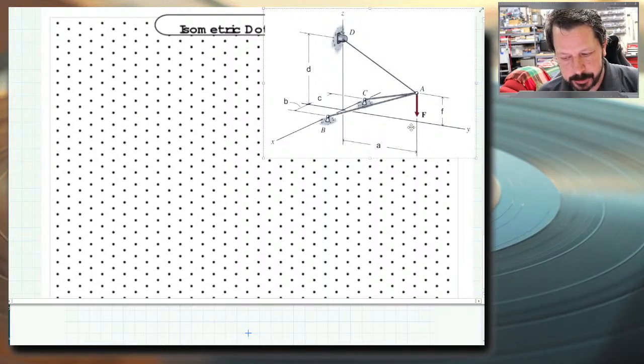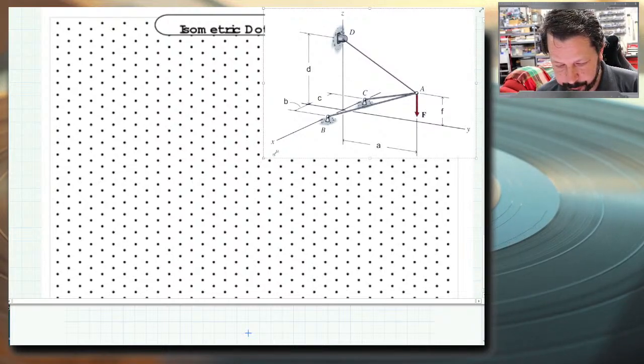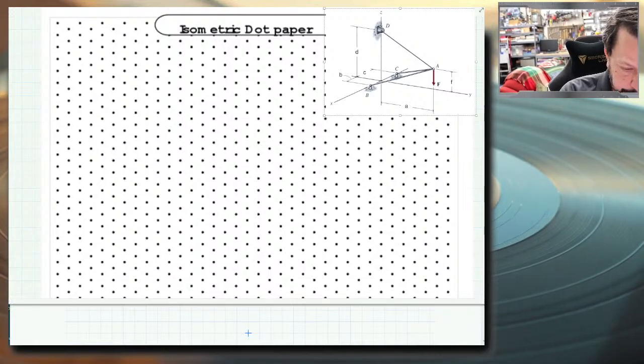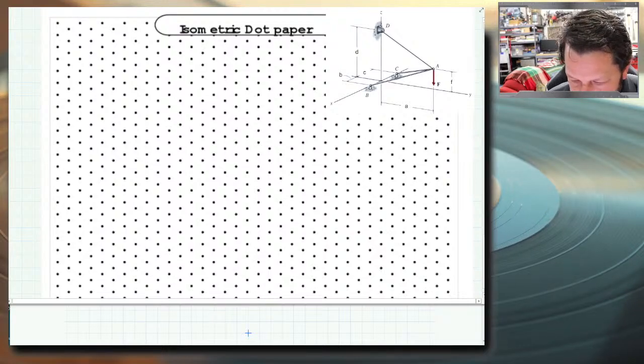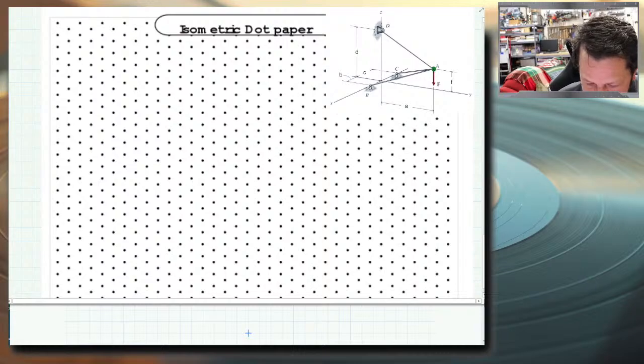All right, so this one might be easier to draw our coordinate system first and then put the forces on it. So I'm going to put our coordinate system, it's going to start 0, 0, 0 is going to be at A. So I'm going to pick some point kind of over here.